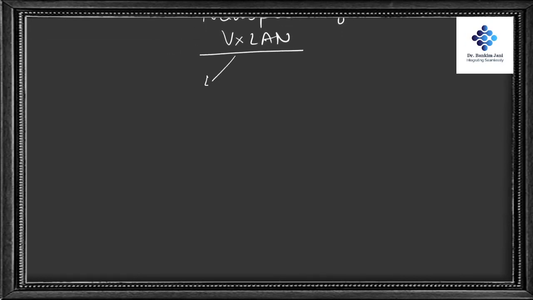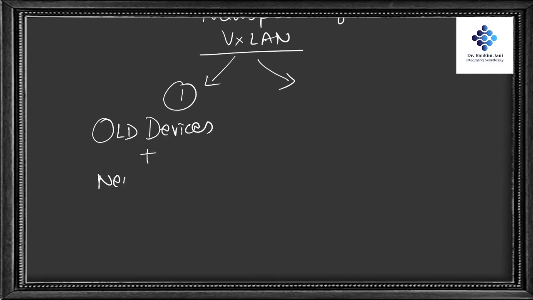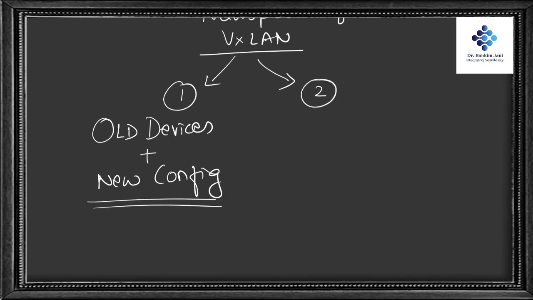Option 1 says that we'll keep on using those old devices because we can't throw them, so try to add some new configuration if it is possible. Second option, let's go for new devices, everything new, but we can't throw away old devices, so we'll keep those also.